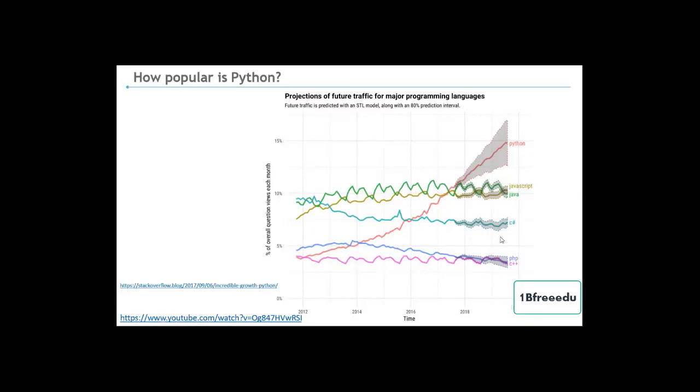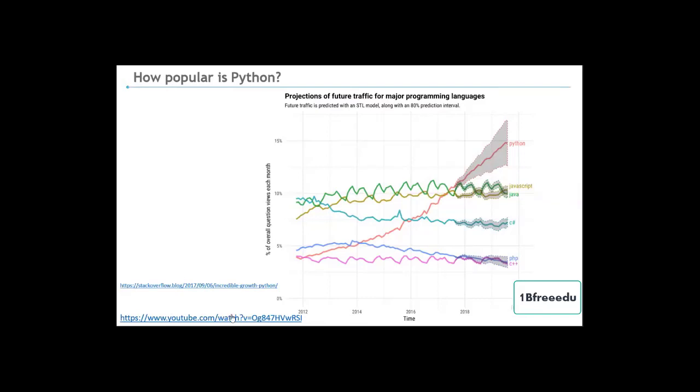So many people are talking about Python, and when you talk about something, it means people are using that. You will see that there has been incredible growth in Python in the last decade or so. It means that people are using this language a lot, especially after this explosion in data.